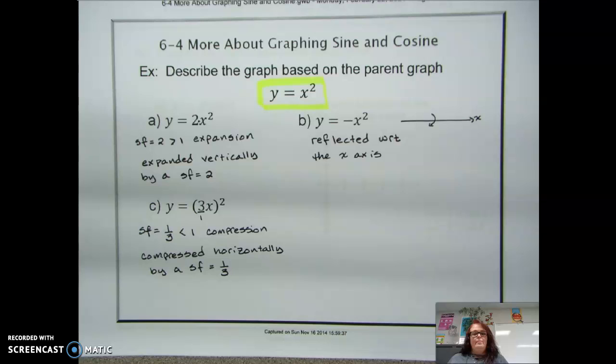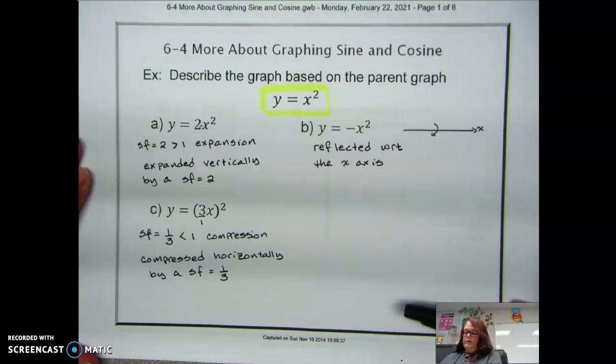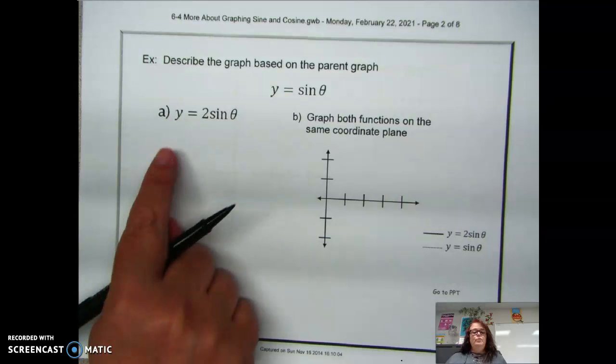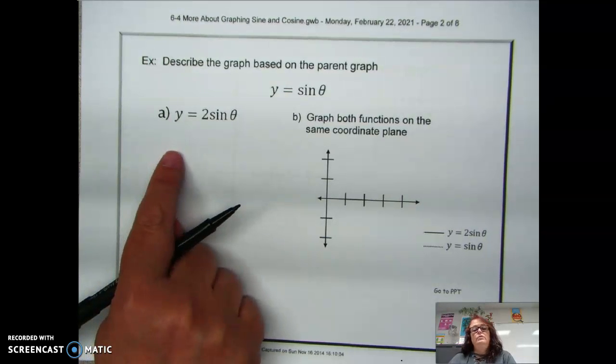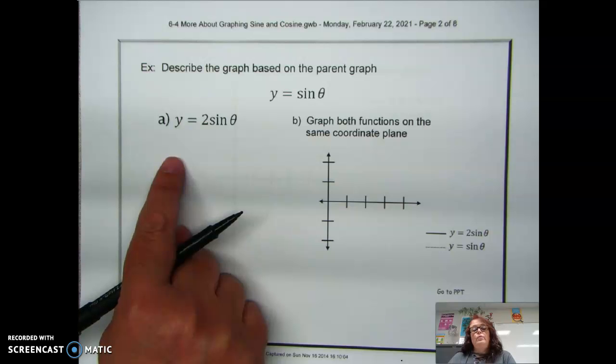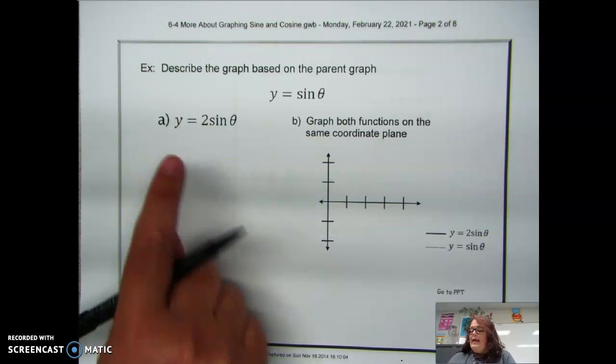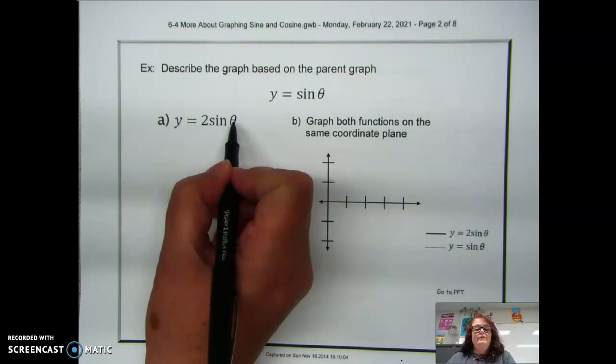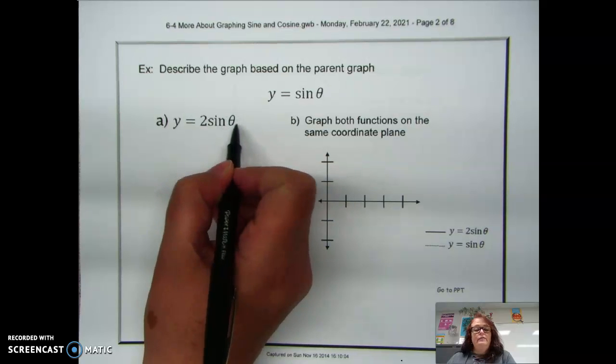So just trying to bring back some memories from chapter 3. So if there's any questions that you have on that, that would be the chapter that you would look at. Okay. So moving forward, what if we moved that into a sine and cosine situation? So what I want you to notice about part A is the 2 is on the outside of the sine. It's not saying sine of 2 something.